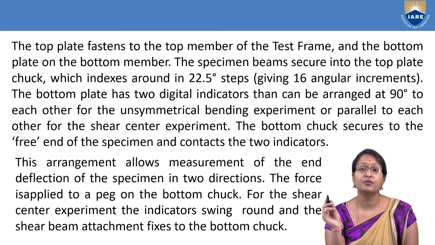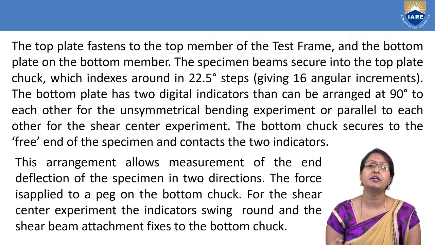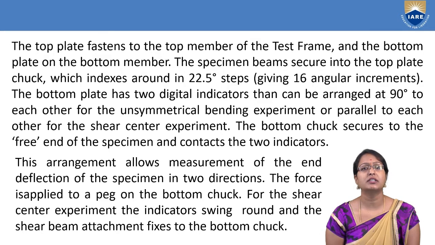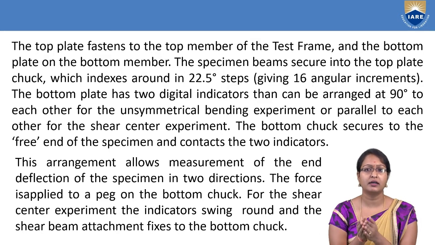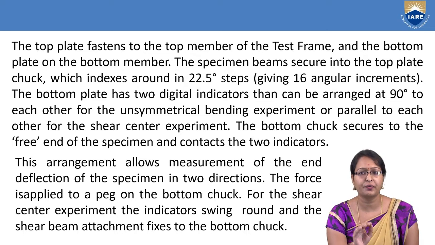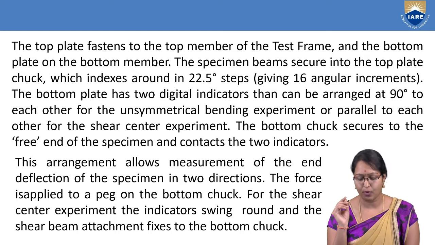This arrangement allows measurement of the end deflections of a specimen in two directions. The force is applied to a peg on the bottom chunk. For the shear center experiment, the indicators swing around and the shear beam attachment fixes to the bottom chunk.